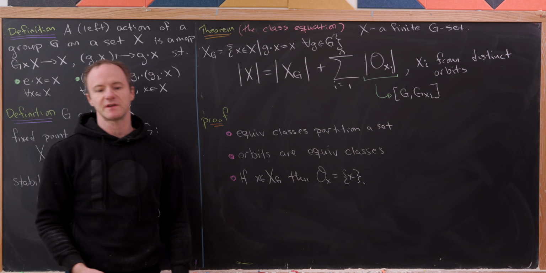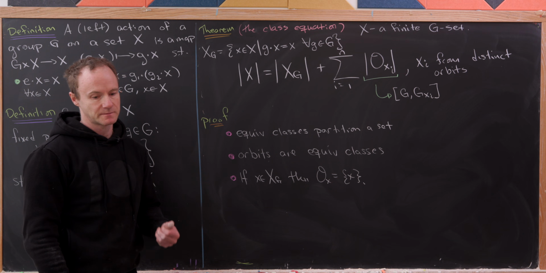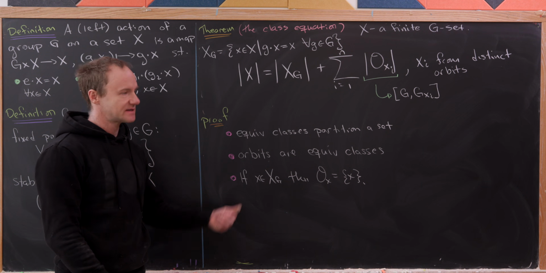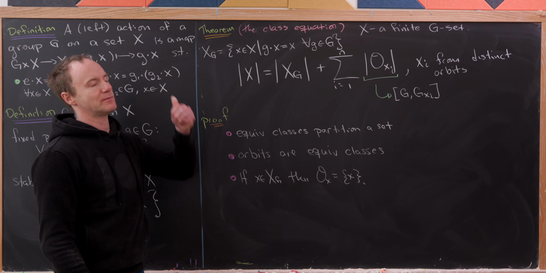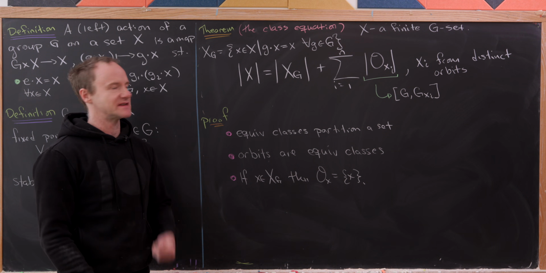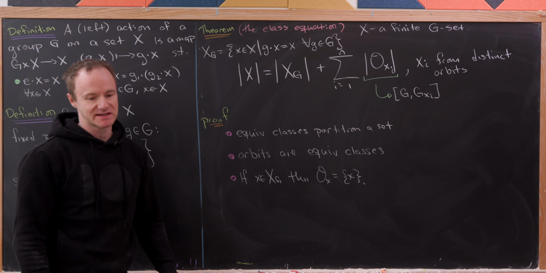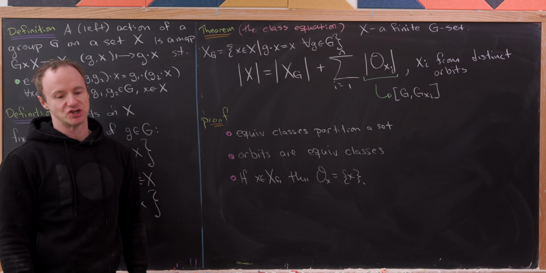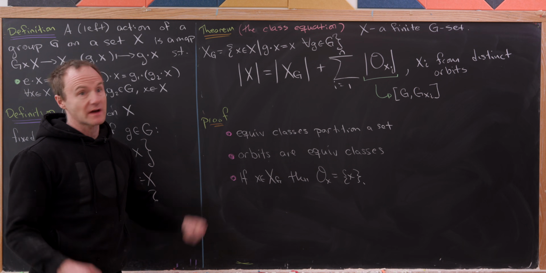Okay, so now for a big theorem, which is essentially proven already. All right, so here's a big theorem called the class equation. So let's say we've got X, which is a finite G-set. Then we'll need this thing X sub capital G in order to write this down nicely. And that's just all x in X that are fixed by every element of G. Now we've got the class equation.